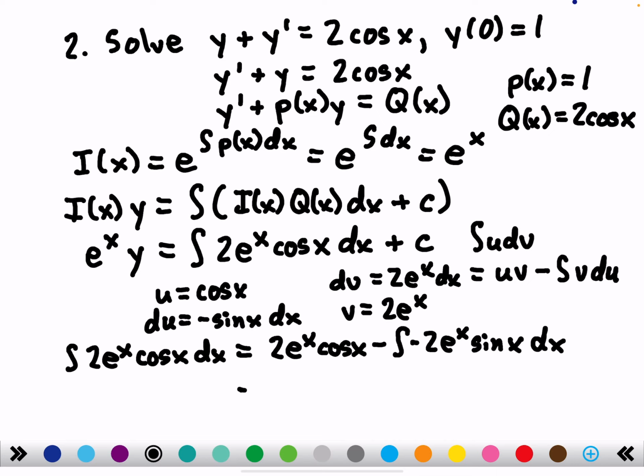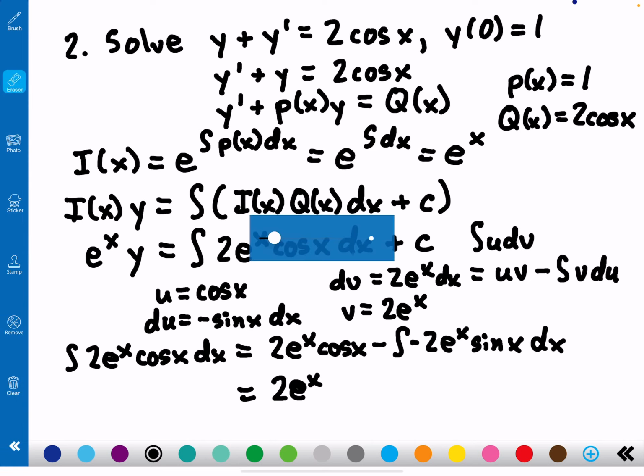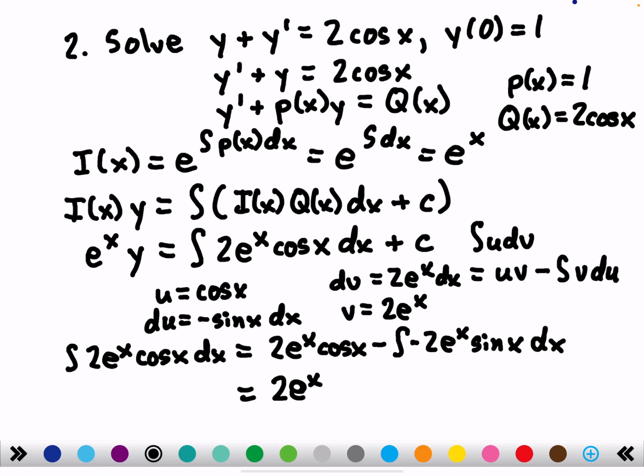I want to simplify those two negative signs, plus the integral of 2e to the x sine x dx. So with this, we have to do integration by parts again.